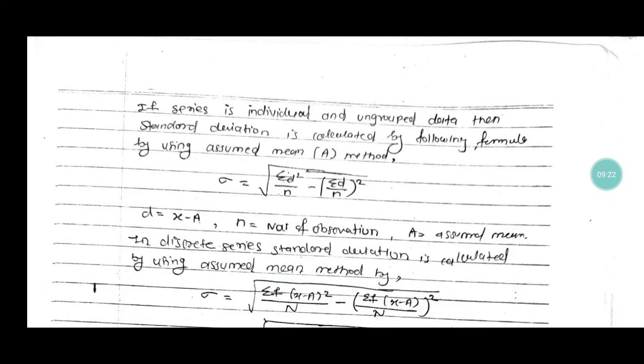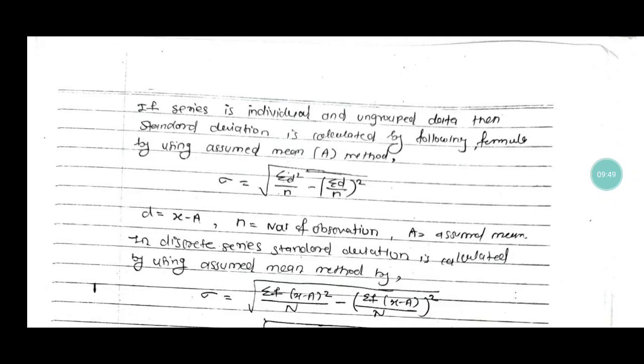By using the assumed mean method, sigma is equal to the square root of summation d square divided by n minus (summation d divided by n) whole square, where d is equal to x minus a, n is the number of observations and a is the assumed mean.